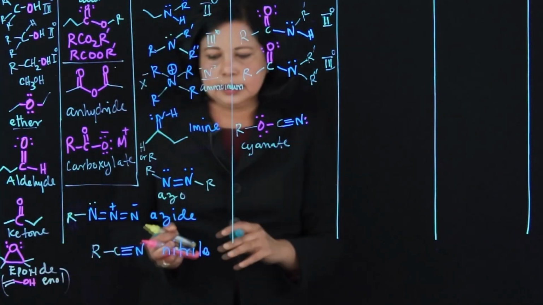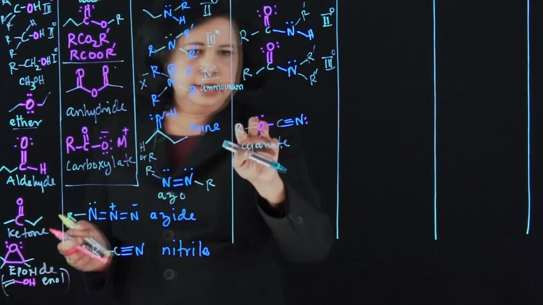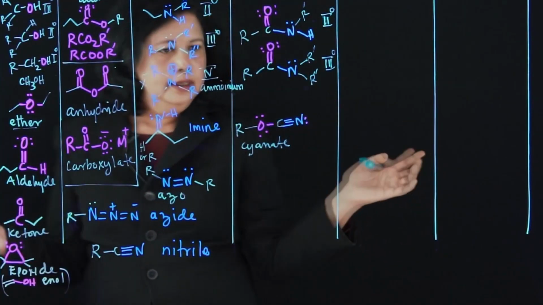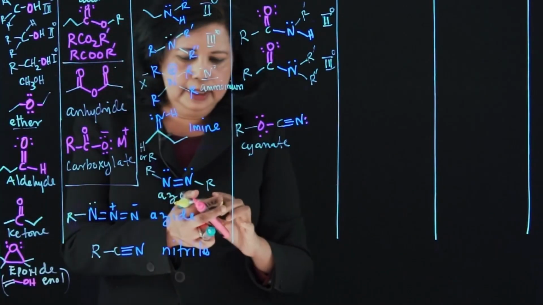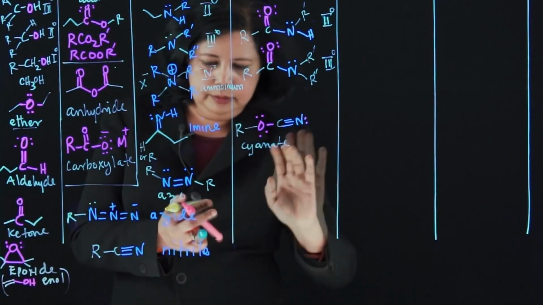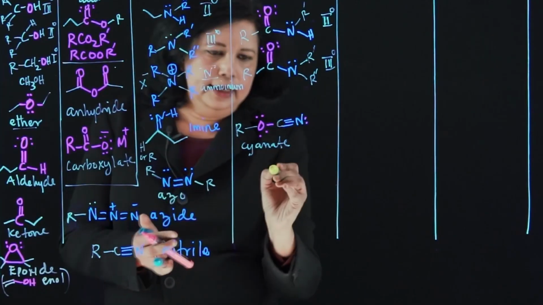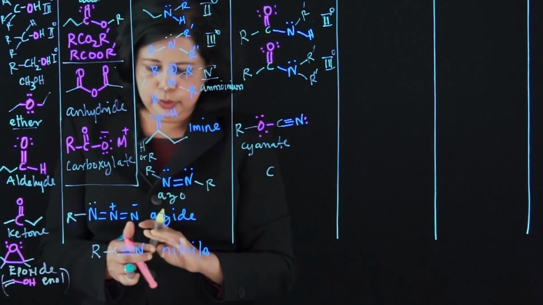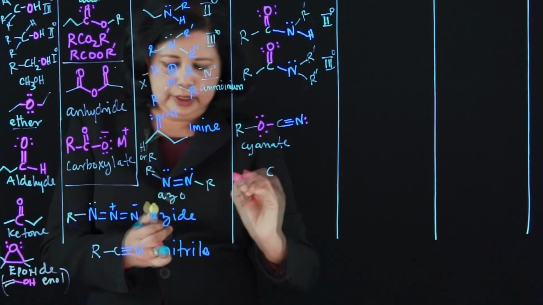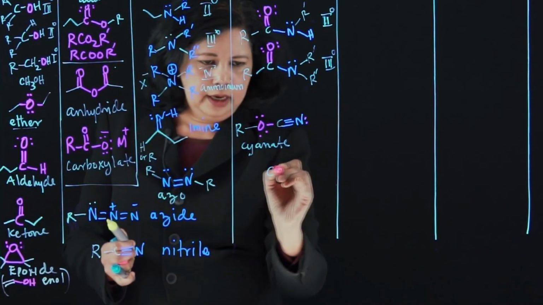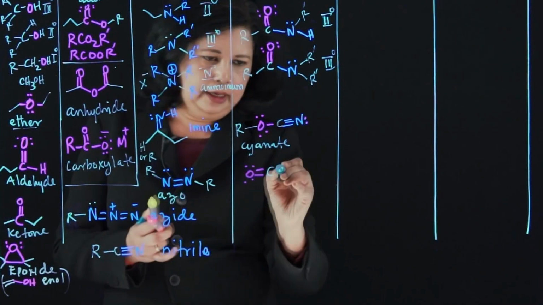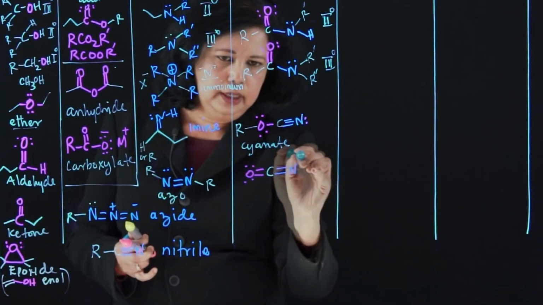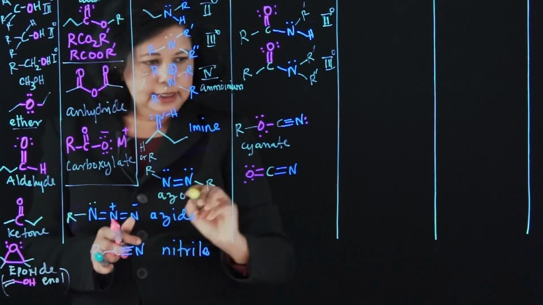What else is possible? Can we put this on the other side? Yes, you can. So kind of isomerizing that. Let's say you can put the carbon over here, and then you can put the oxygen over here, and then a nitrogen over here, and then bring the R group on the other side.